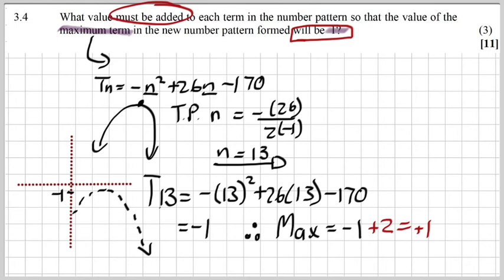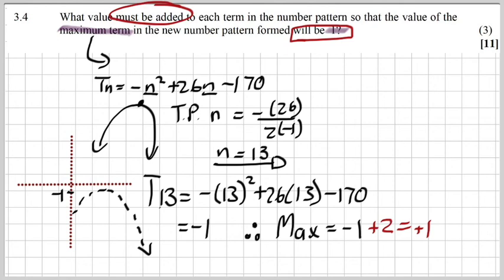Why do I not do a solid line? The reason why I don't do a solid line, Matrix, is because it's not a continuous graph. N is an element of natural numbers, meaning n can be 1, 2, 3.